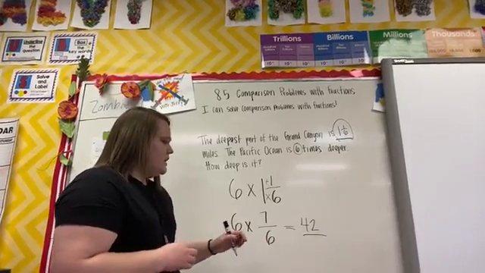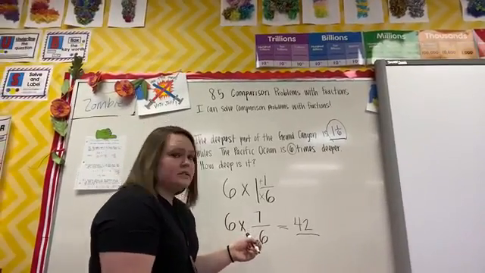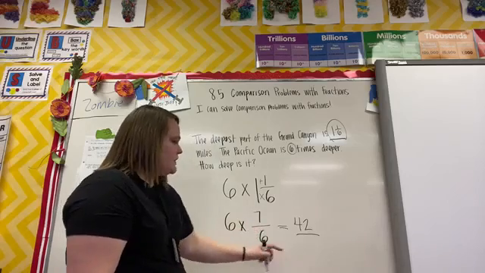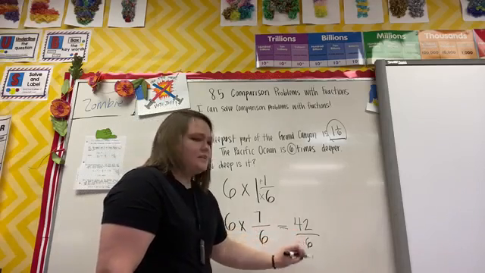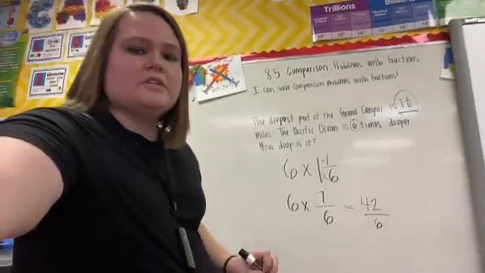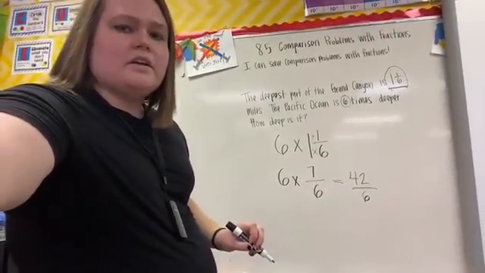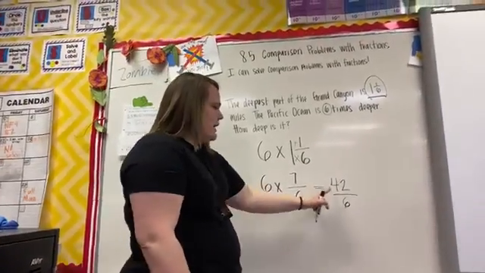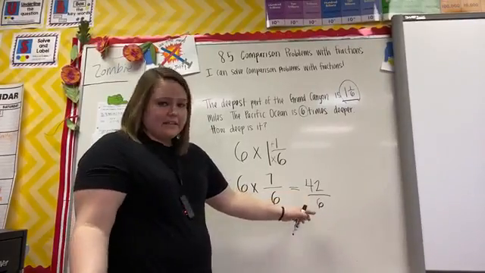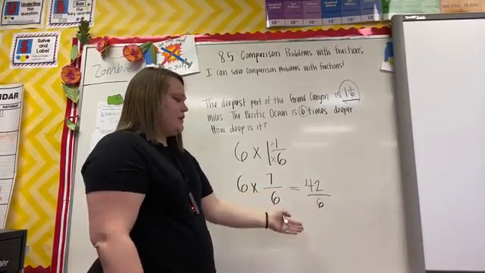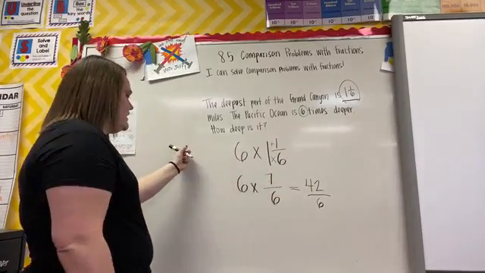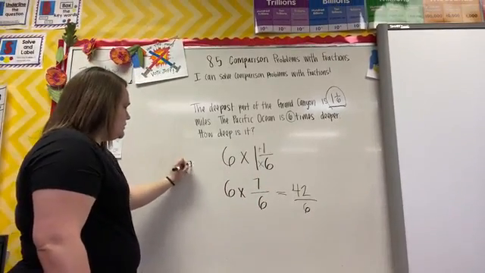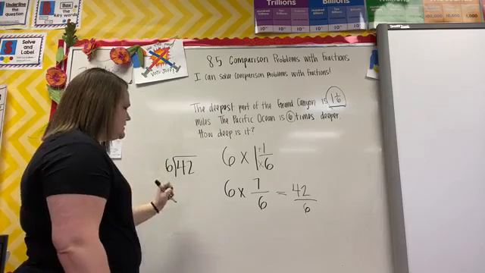All right? And so 42 is over 6. Okay. So I have 42 over 6. I can't leave that as an improper fraction, so I'm going to divide it. I have 42 divided by 6.